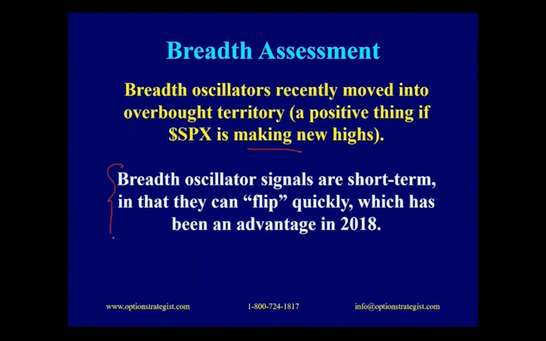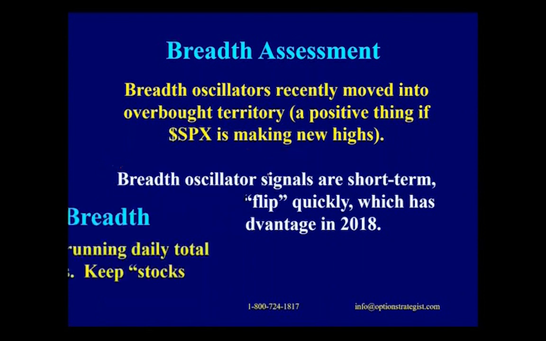One other thing about these, they swing back and forth pretty quickly. In a slow-moving market, that can be a bit of an annoyance, but in the fast-moving market that we've had so far this year, especially earlier this year, they were pretty good timing on the signal. So again, waiting for a sell signal here, but who knows when it will come.